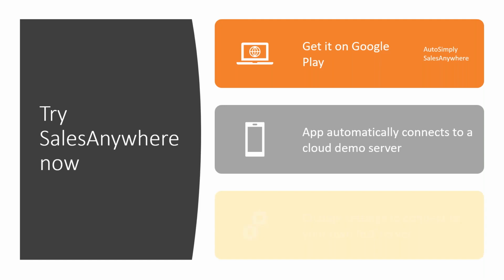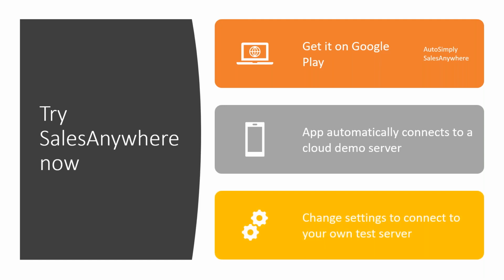And if you want, you can also install the Sales Anywhere web service on a web server internally for your own testing. You can easily change the app settings to point to your own test server, and you can try it out internally or demo it to customers.